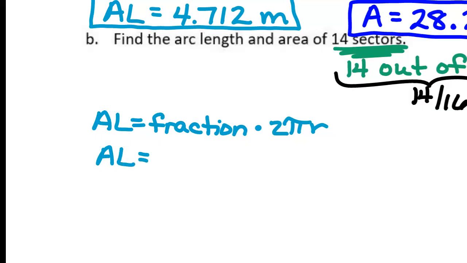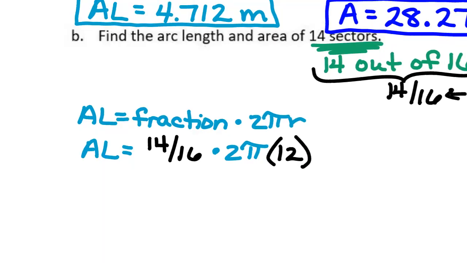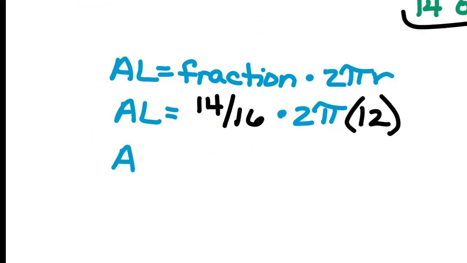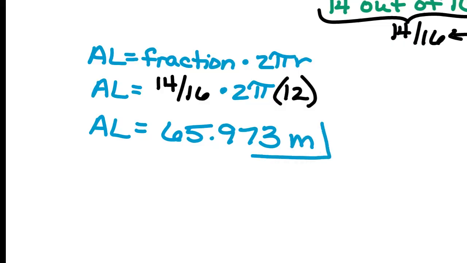So the arc length would be 14 out of 16 times 2 pi times my radius, which didn't change size. The radius is still 12. What do we get for the arc length? 65.973 units. Meters.